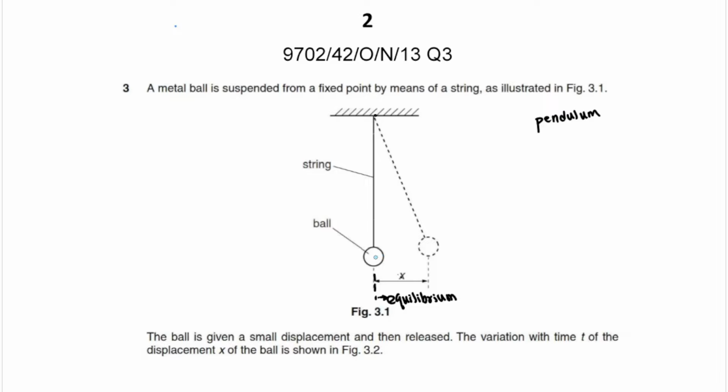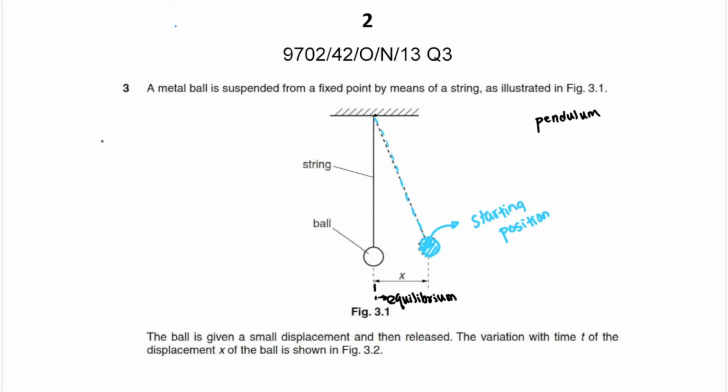From its equilibrium position, the ball was displaced towards the right by x meters. This means that before release, the position of the ball, the metal ball suspended by the string, is here. So we can take this to be its starting position.